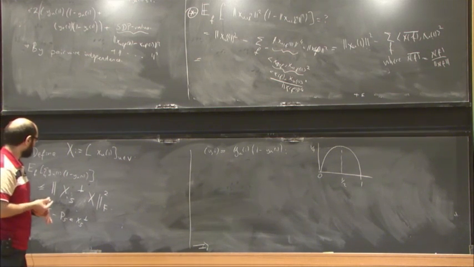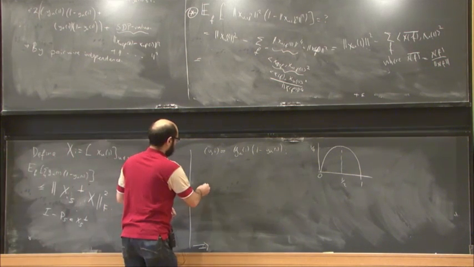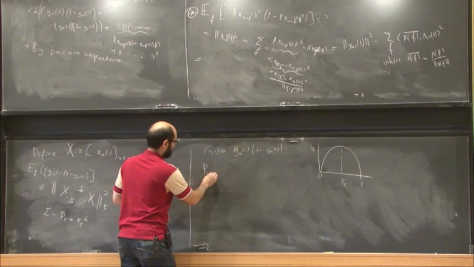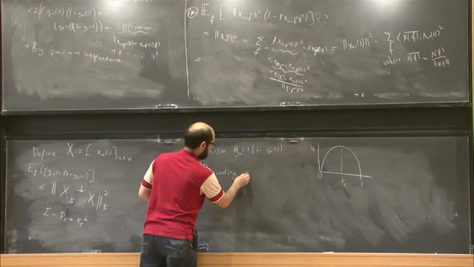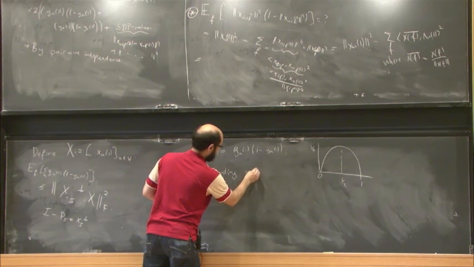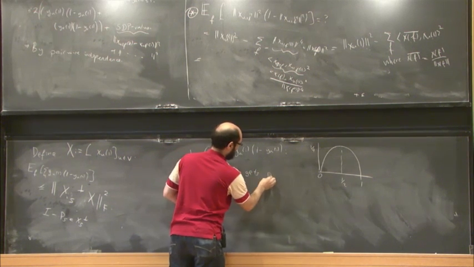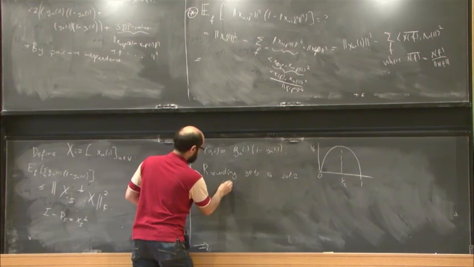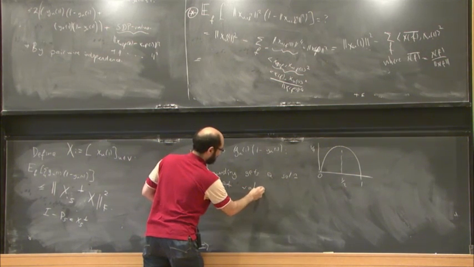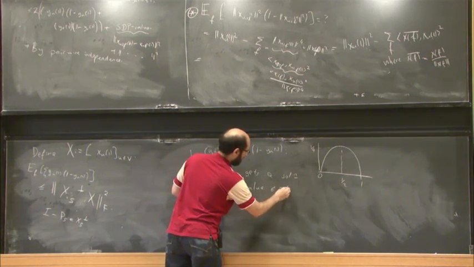Okay, so now basically the rounding gets a solution of value at most now 2 times this.